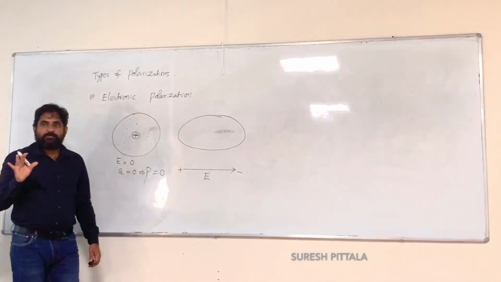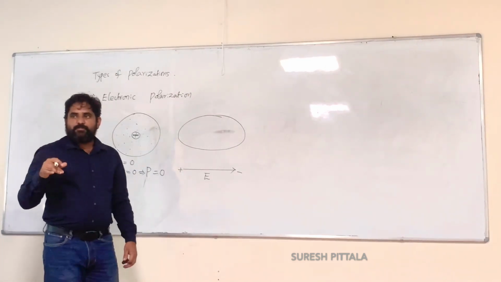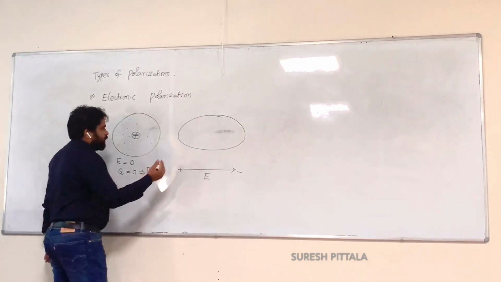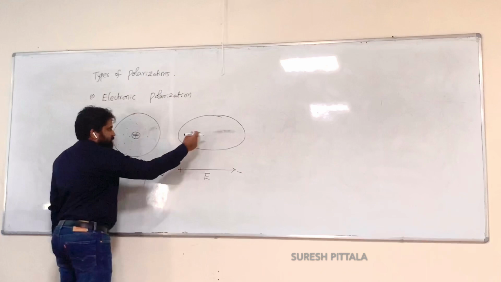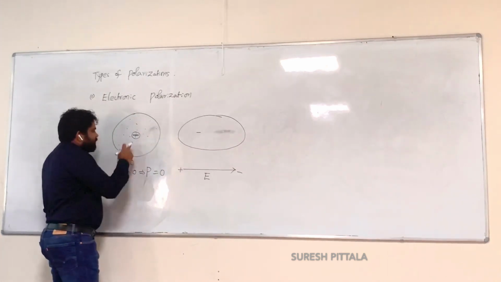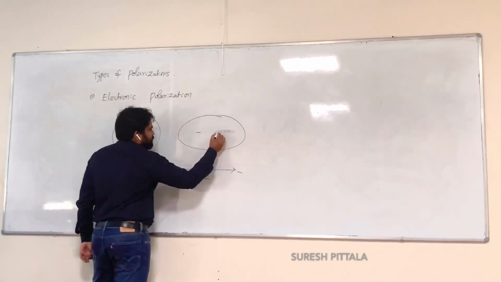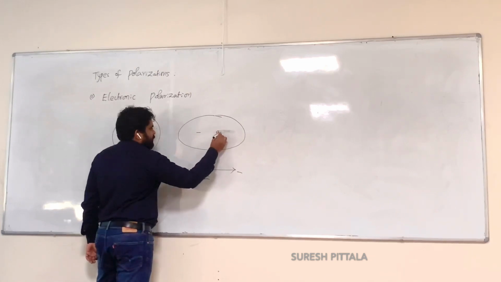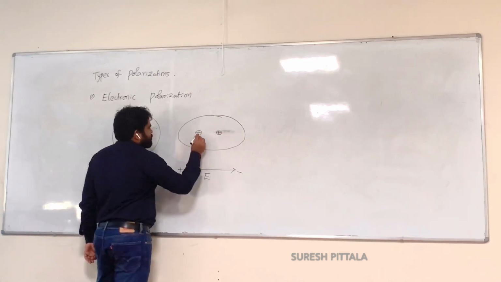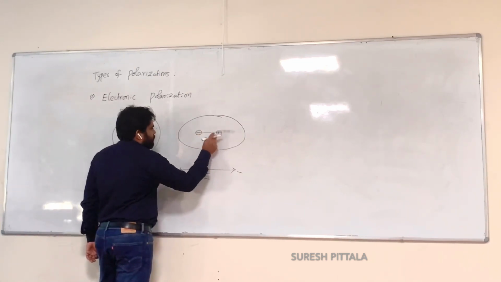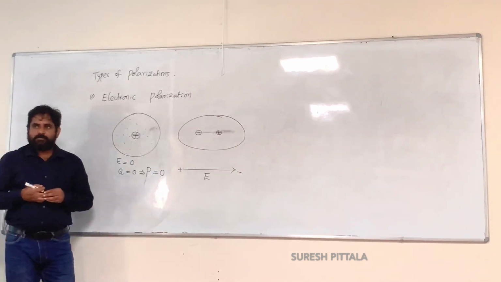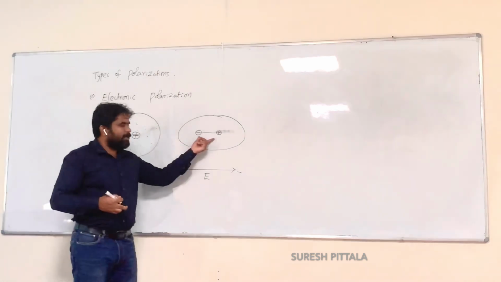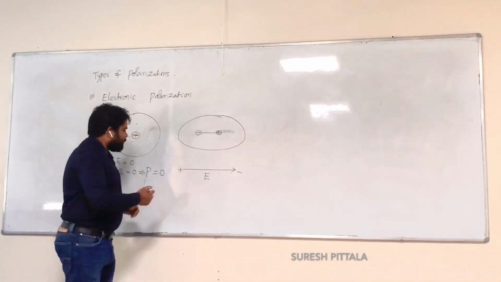The center of gravity, which means the net result of the electron cloud comes slightly this side. Now I represent this side instead of at the side. Relatively, the positive charge moved that side, so the positive charges I am representing here. Now you see the same charges separated with the distance. So you created a dipole when you applied the electric field.